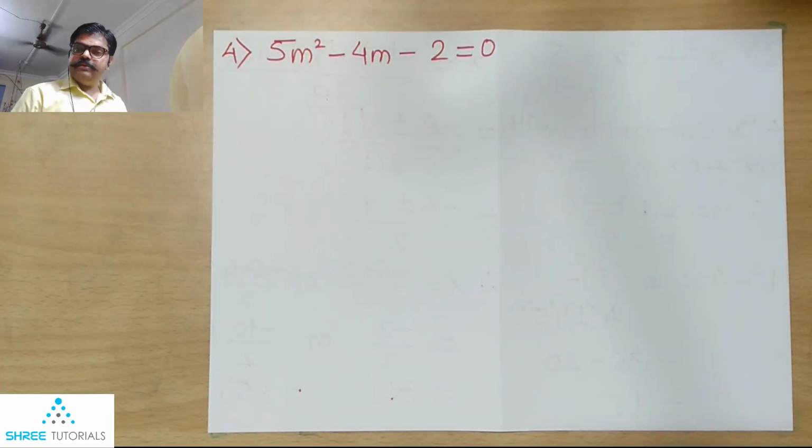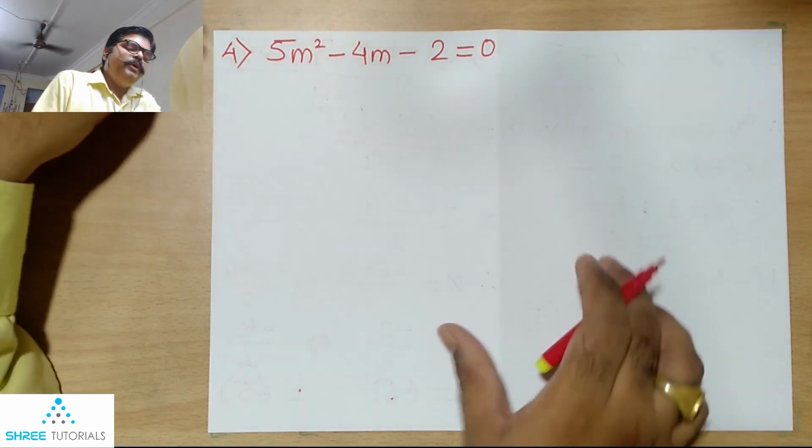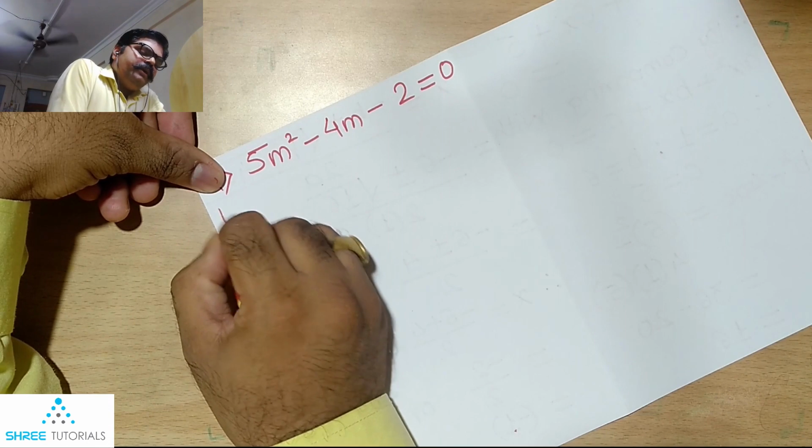Fine. In this equation as well, we are supposed to use the formula to calculate root of this quadratic equation. So as usual, what first we are going to do, we will be comparing this equation with our general form of a quadratic equation, and we will be finding out values of the constants a, b and c. That thing we shall be doing. So that is what I am going to write over here.